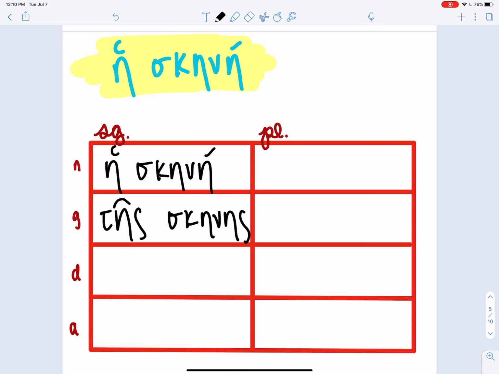Okay, now is our second peculiarity for accenting first declension nouns that I mentioned earlier. So for eta stem, or actually just for first declension nouns in general, if you have an accent on the ultima, so if you have an acute there like this, that acute is going to change to a circumflex in the genitive and the dative in both the singular and the plural, but that's only if that accent falls on the ultima in the genitive and dative.